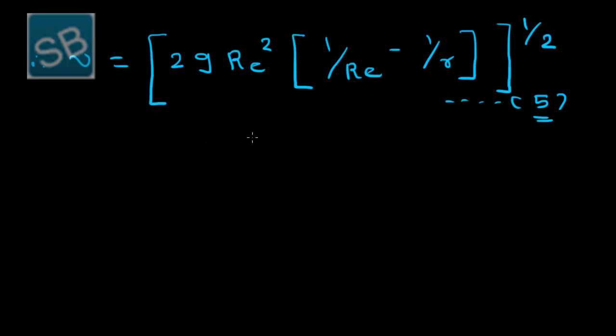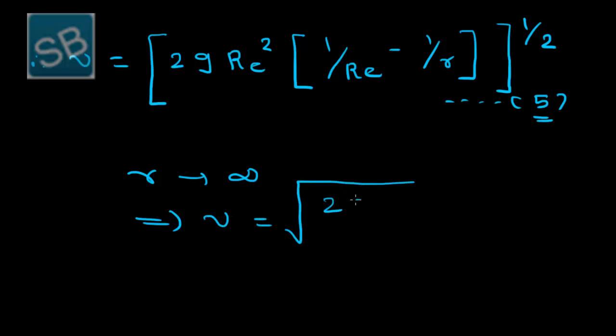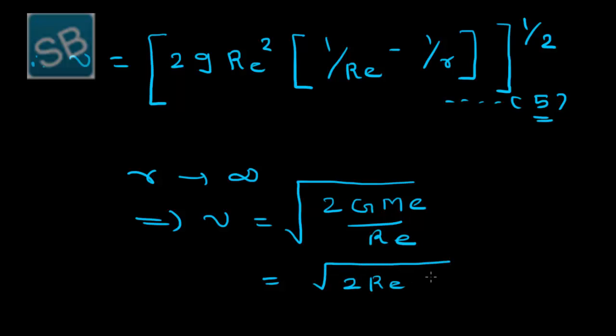And you should note here one thing. If it falls from a very long distance, if r tends to infinity, then the velocity v will equal under root twice G Me over Re, or you can consider it as under root twice Re into g, which is the same as the escape speed, that is equal to Ve.